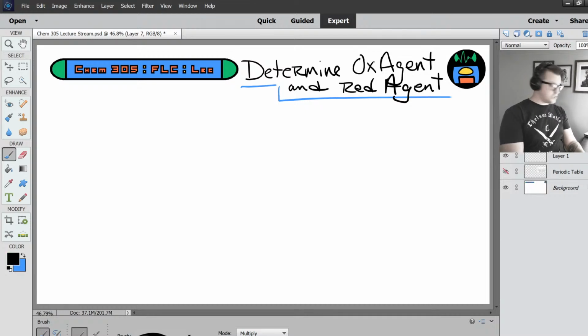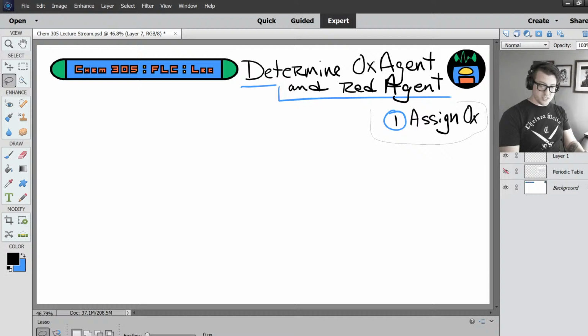So let's determine the oxidizing and reducing agents for each of the following reactions. Now the steps to completing this are as follows. First, in a problem like this, you've got to assign your oxidation states.